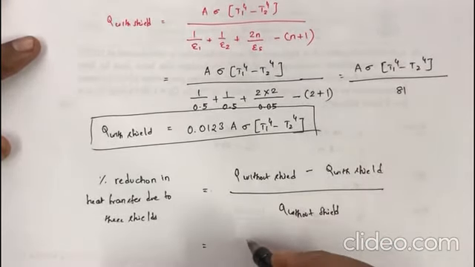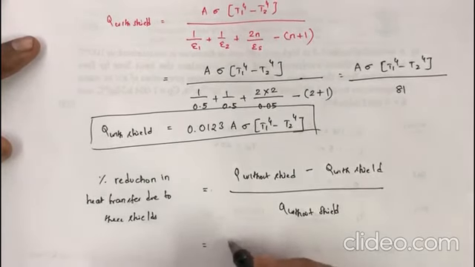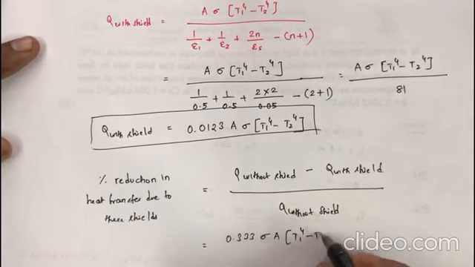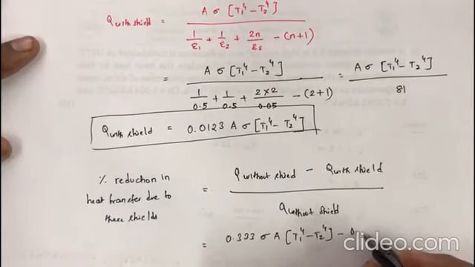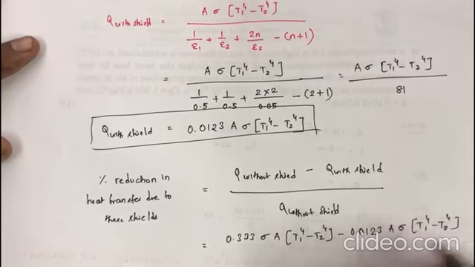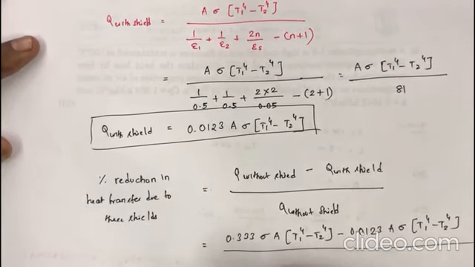So Q without shield we already found out, which is 0.333 sigma A T1 power 4 minus T2 power 4, minus 0.0123 A sigma T1 power 4 minus T2 power 4, divided by 0.333 sigma A T1 power 4 minus T2 power 4.